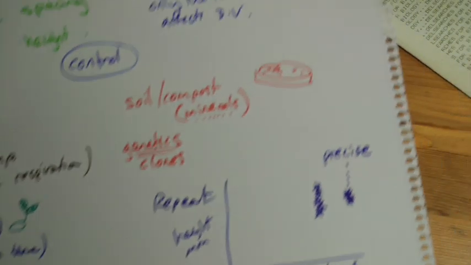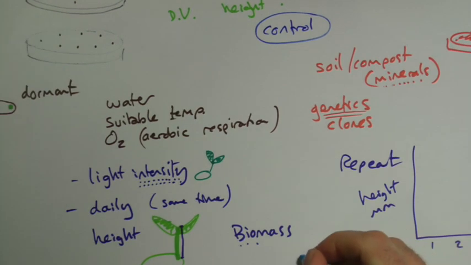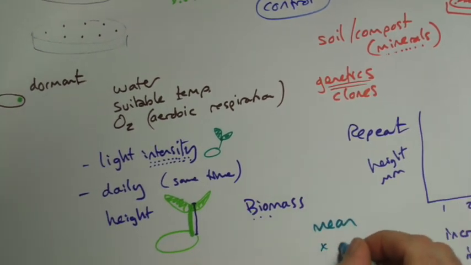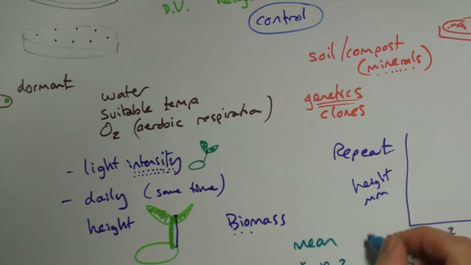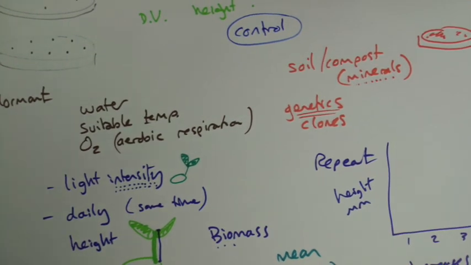Now, we also take a mean value, mean average. So maybe I've done 3 repeats, X, Y and Z. And remember my mean average, I would add X plus Y plus Z, and then I'd divide it by the number of readings I took, divided by 3.